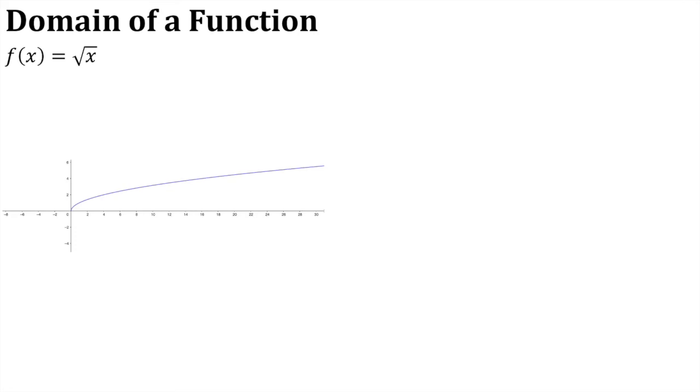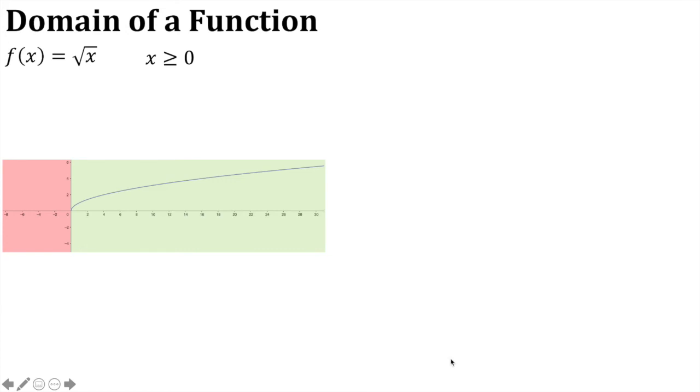So we can see here the domain is to do with the x values, remember, so there's no x values on the left hand side of the y-axis that are useful to us here. That means all of the x values in the domain of this function must be greater than or equal to 0. So we have to exclude all of these values that are negative. We're only wanting the ones that will actually give us a result.